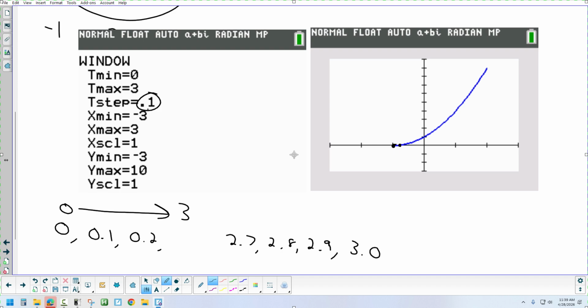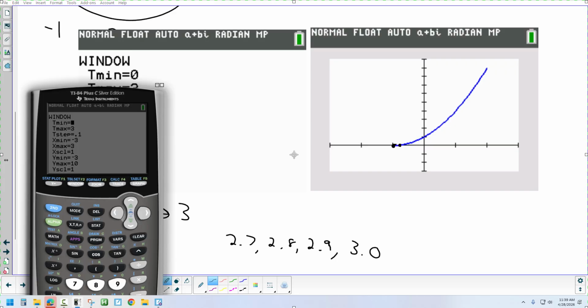So what it's doing is it's controlling how many points you graph. So if you go from 0 to 3 in increments of 0.1, I think that would be 31 points. Think about counting 0 to 30. That's 31 numbers, including the start and the stop.